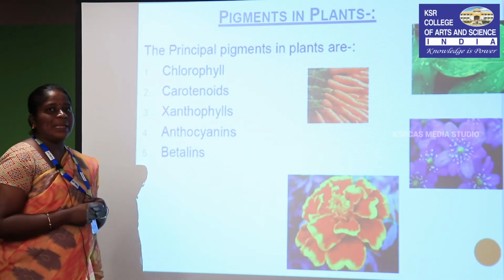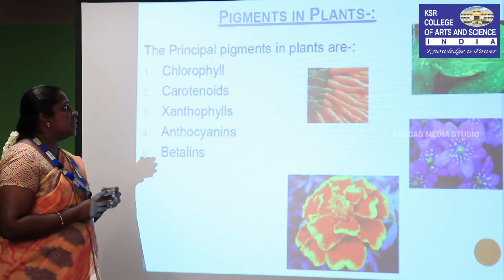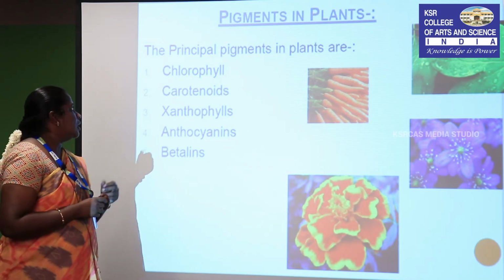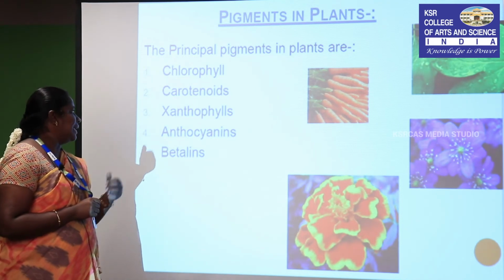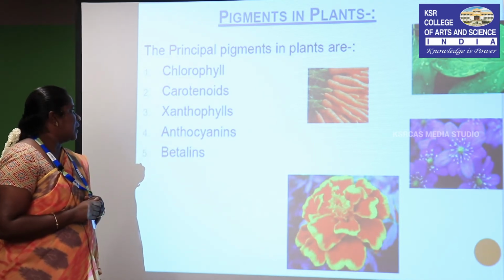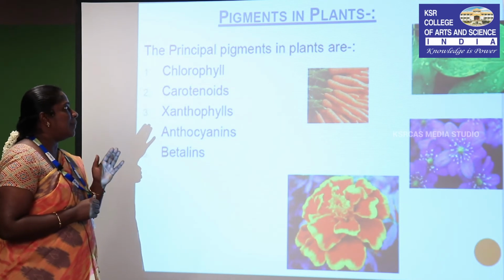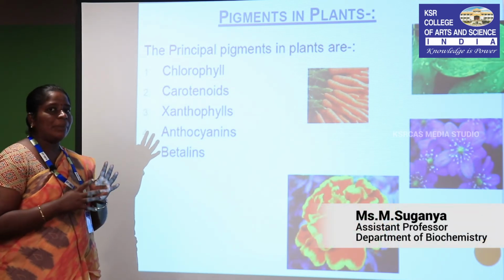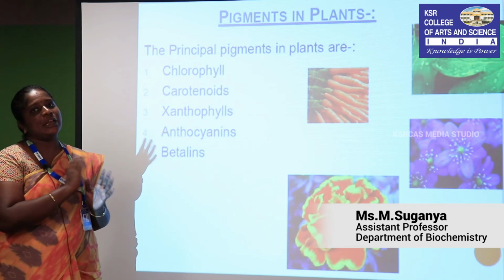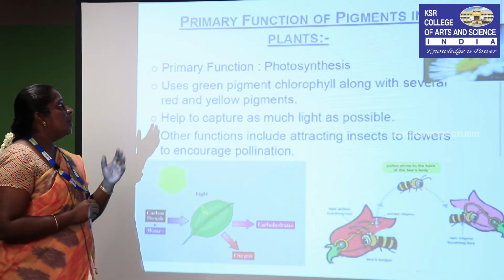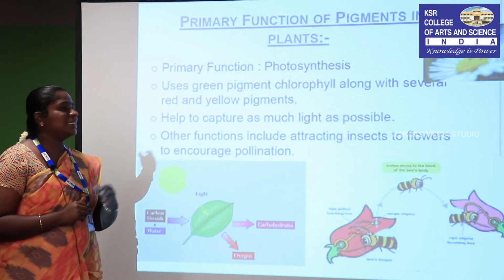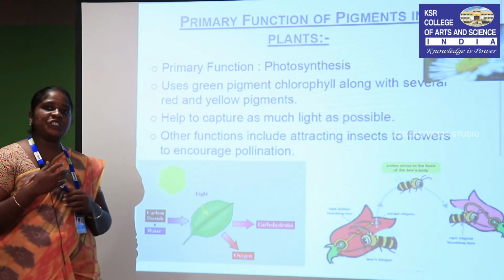Next, plant pigments. The principal plant pigments are chlorophyll, carotenoids, xanthophyll, betalains and anthocyanins. So, these are the main principal plant pigments involved in photosynthesis. Next, primary functions of plant pigments in plants. Many functions are involved.